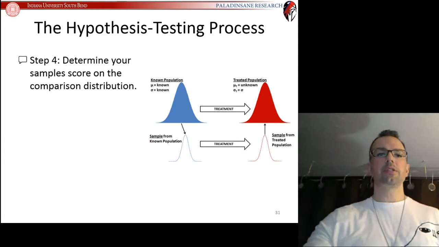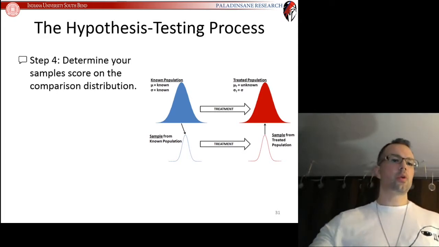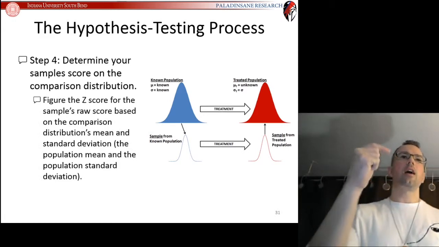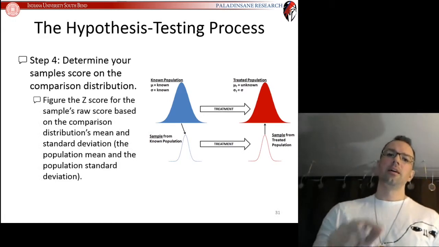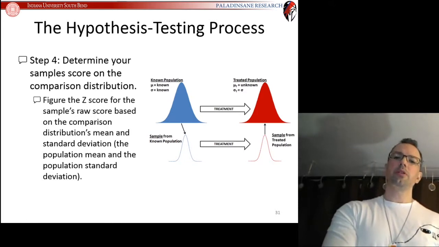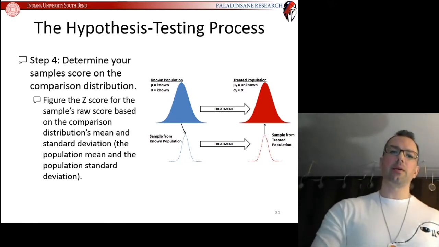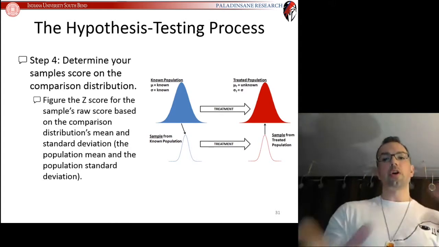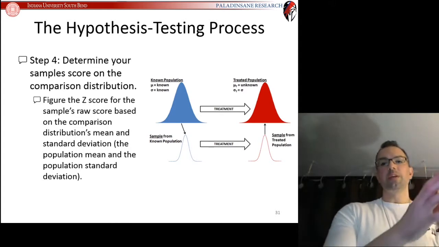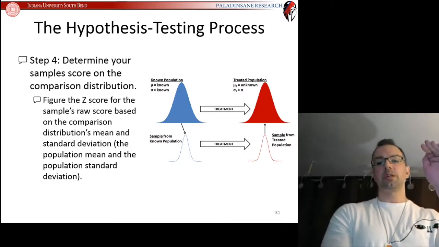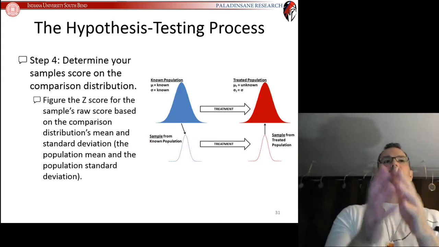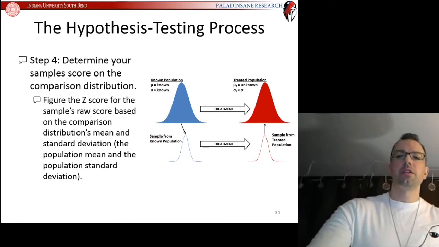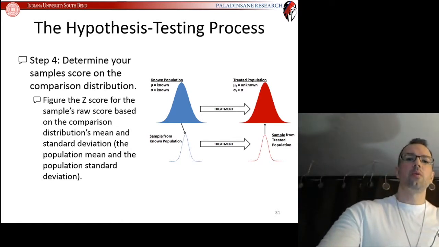Step 4, we determine our sample score on the comparison distribution, and this is where those z-scores are going to come back. So we are going to compare our sample mean onto our comparison distribution from step 2. And spoiler alert, that comparison distribution is going to be a normal curve, which means we're going to go to appendix number 1, which means that we're going to have to deal with a series of z-scores. So we're going to have to take our sample mean and change it into a z-score.